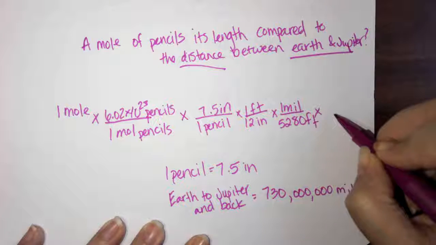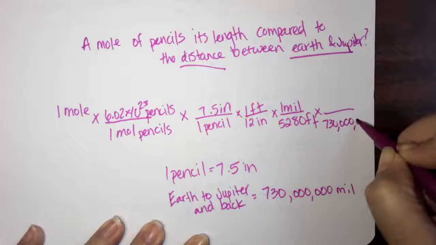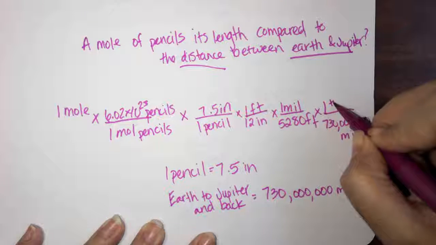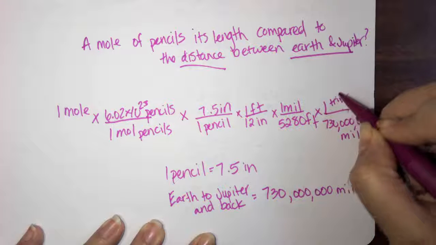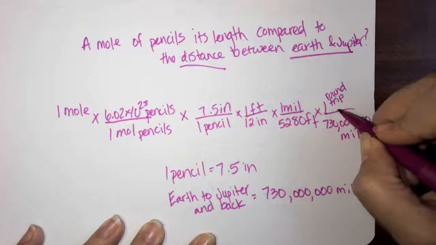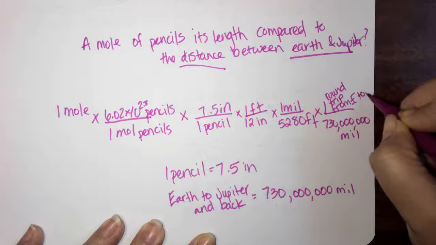And then now we're going to use this 730 million miles to cancel out miles. And we are left with one trip. I would say one round trip, so that way it gives a clean unit: one round trip from Earth to Jupiter.